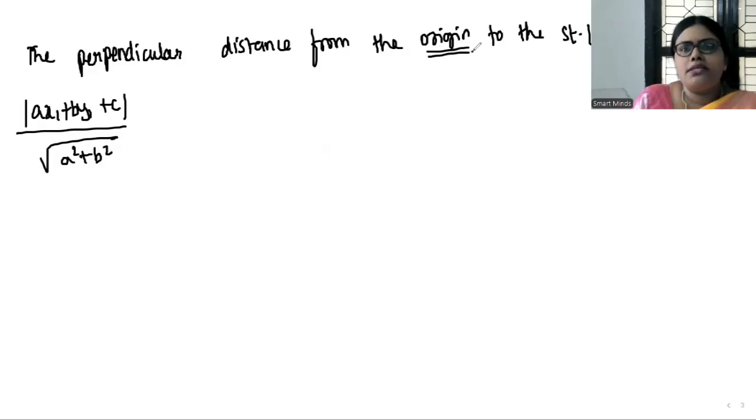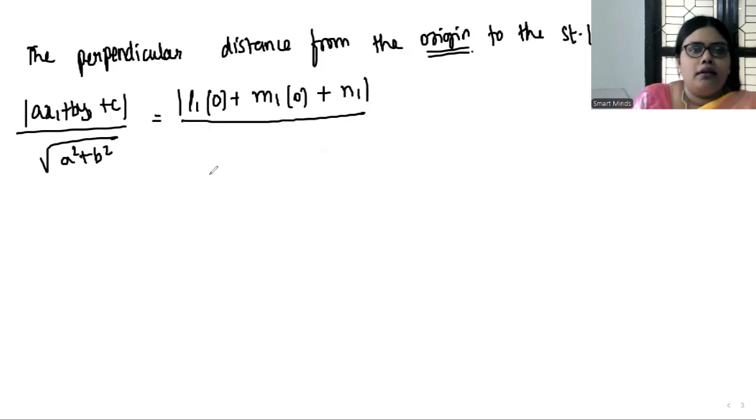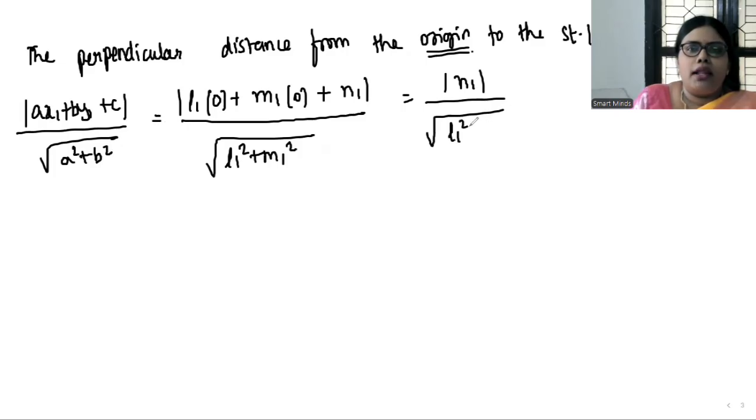And origin means the point is 0, 0. So we take a as L1, x1 as 0, b as M1, y1 as 0, c as N1, by root over L1 square plus M1 square. So 0 into anything is 0. So that will be mod N1 by root over L1 square plus M1 square.